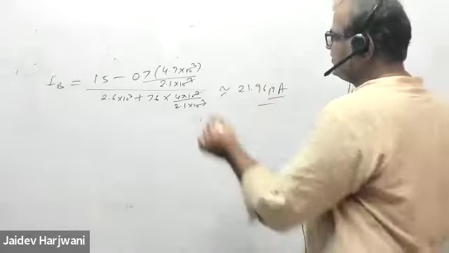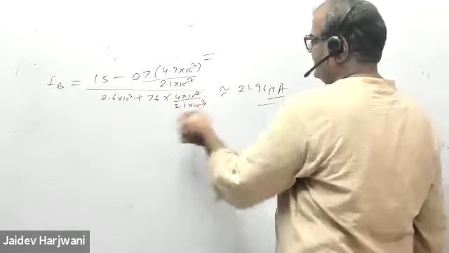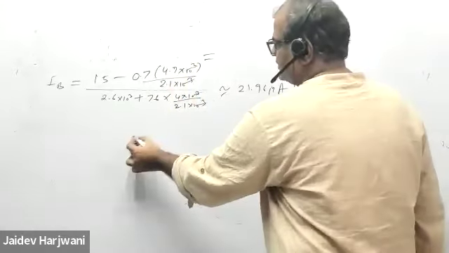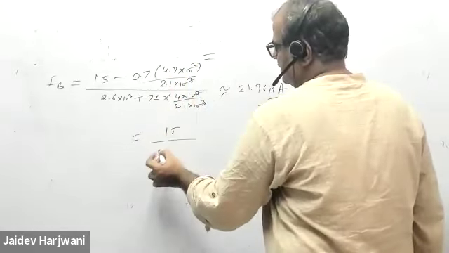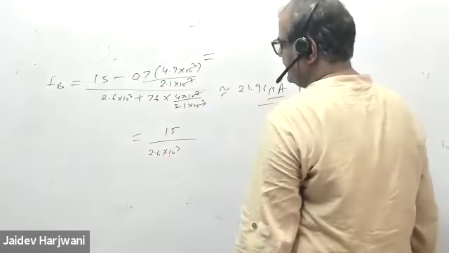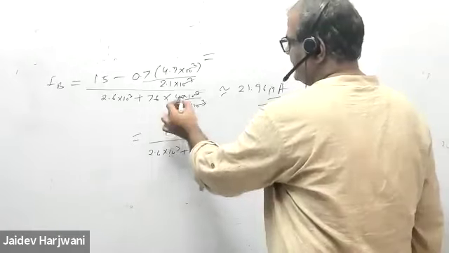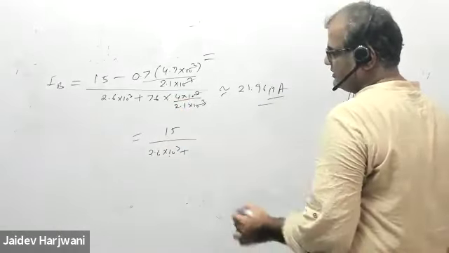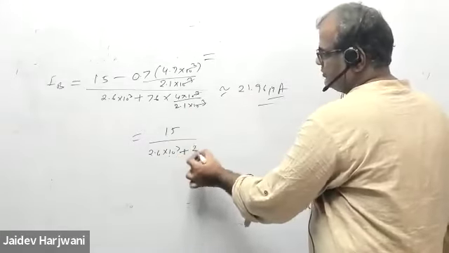And if you remove this part, then it may be around 24. If you remove this part, only solve for 15 upon 2.6. Okay, and then this one I will roughly do as 2 into 76.